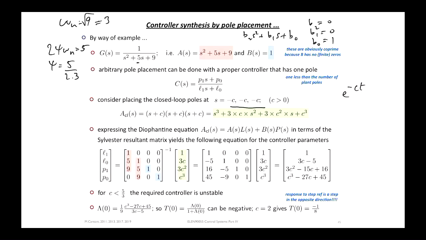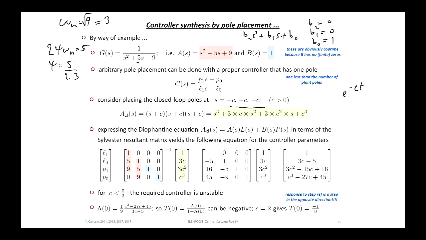So we can say L1 is just going to be 1, and L0 will be 5 minus 5 times 1 plus 1 times 3c. So it'll be dependent on how we choose c, and so on for the rest of the coefficients in the numerator of the controller.